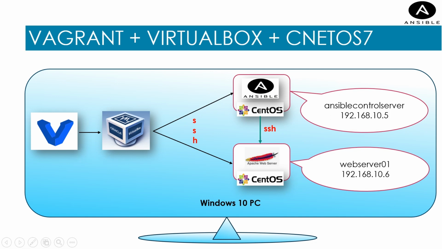One is CentOS for the Ansible control server, another is CentOS 7 for the Apache web server, where Ansible will be installed by default on the Ansible control server as a host, with IP address 192.168.10.5, and the Apache web server will be web server 01 with IP address 192.168.10.6. So let's go and do it.